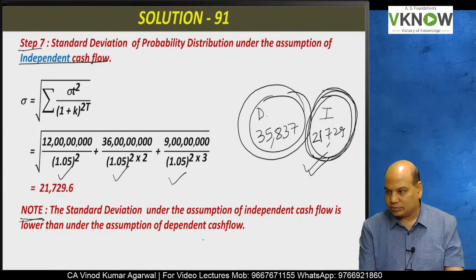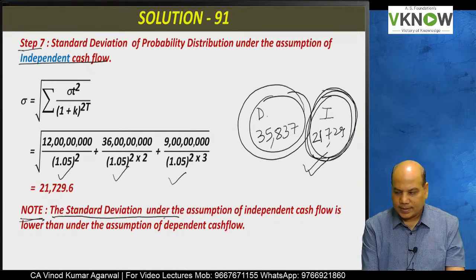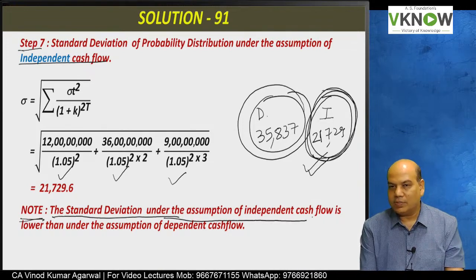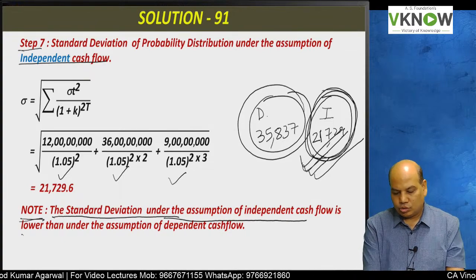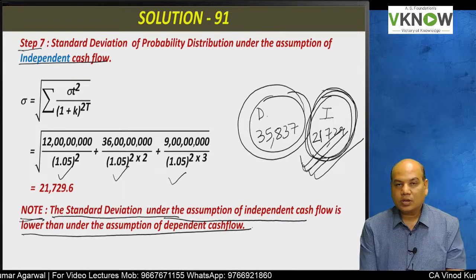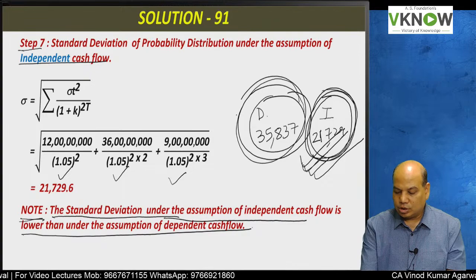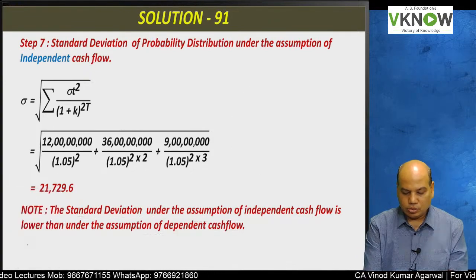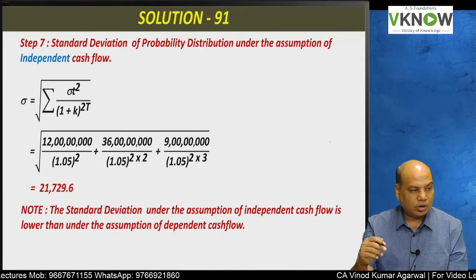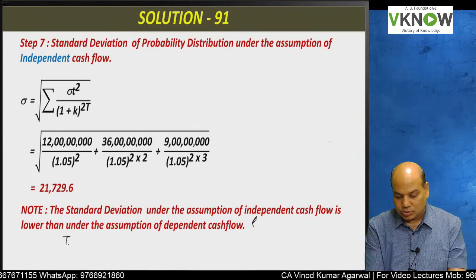So please write the standard deviation under the assumption of independent cash flows is lower than under the assumption of dependent cash flows, and this is only tutor's note.